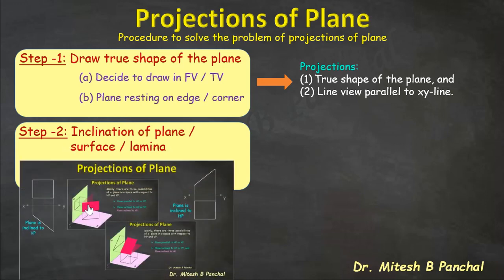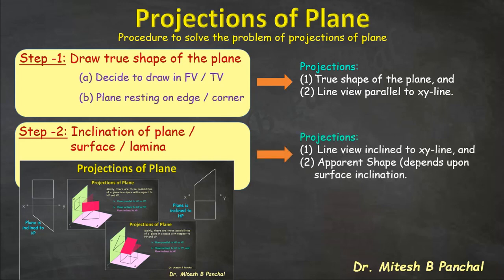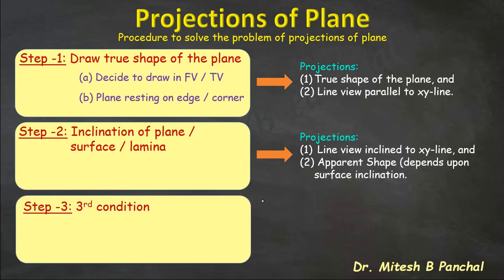We know that when we consider a plane inclined to one of the basic principal plane, then two answers will be apparent shape and line view inclined to xy. So the answers of second step are nothing but the line view inclined to xy and apparent shape that depends upon the surface inclination. Now the third step is the third condition.